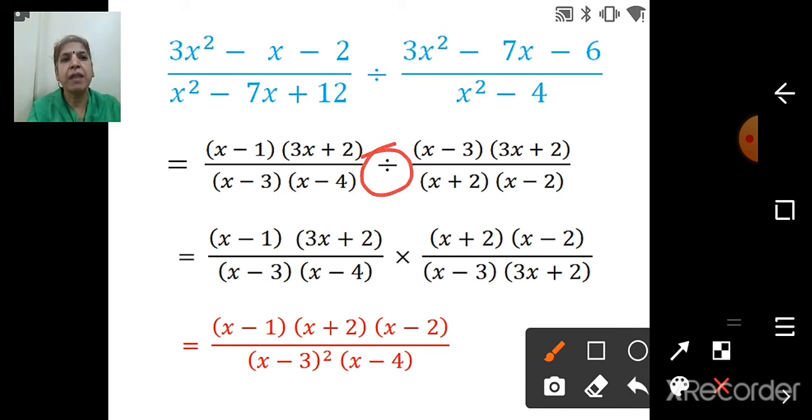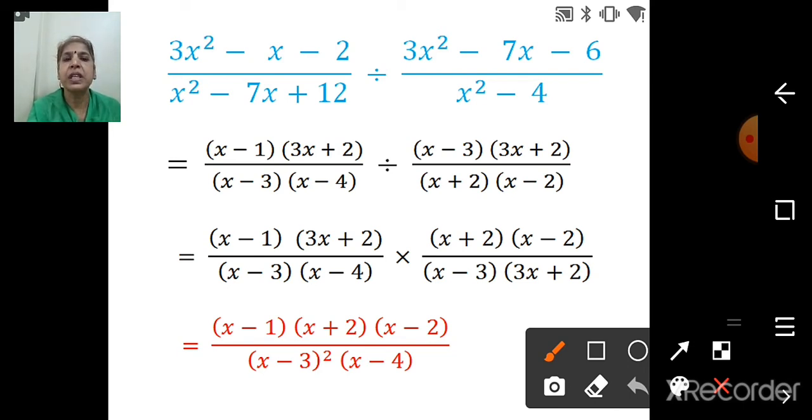So divide by we have written as multiply, and the factors x minus 3 multiplied by 3x plus 2 we have written in the denominator, and x plus 2 multiplied by x minus 2 as the numerator. So we have changed divide by to multiplication by taking the reciprocal of the second fraction. After that you start dividing, and when you are dividing, divide the full binomial, the full bracket.